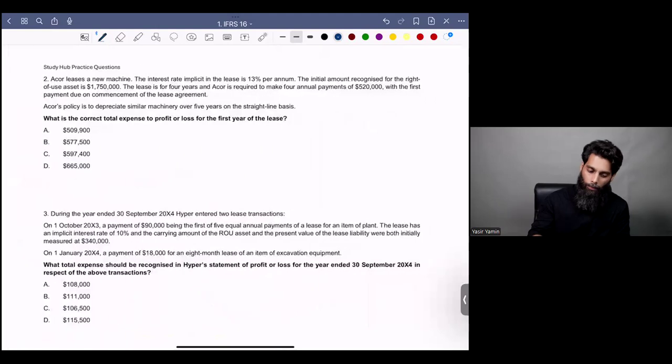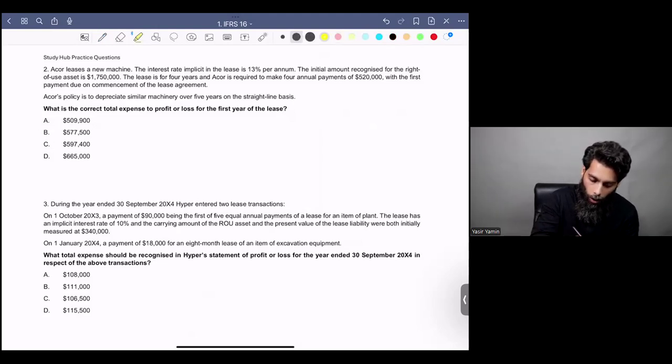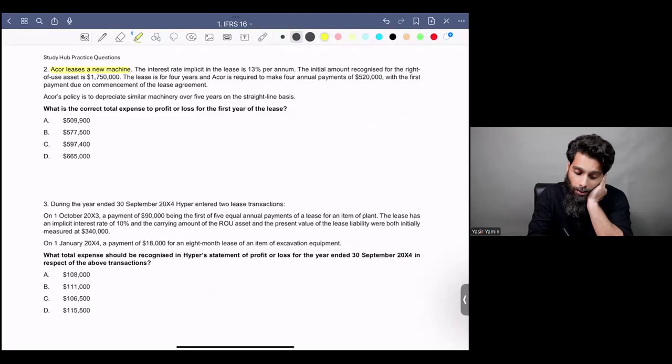Let's move forward. Now, I want your support again. Your examiner says in this particular question, ACCA leases a new machine. Congratulations. Examiner says the interest rate implicit in the lease is 13% per annum.